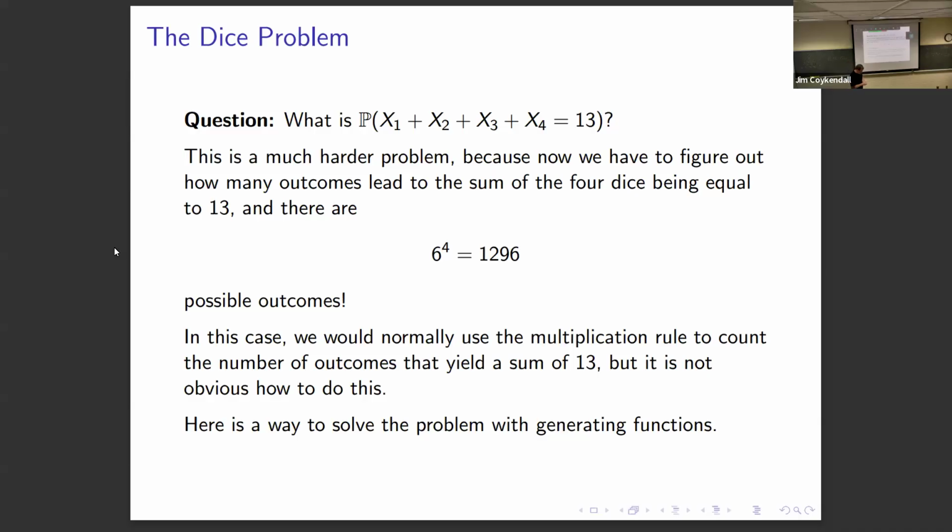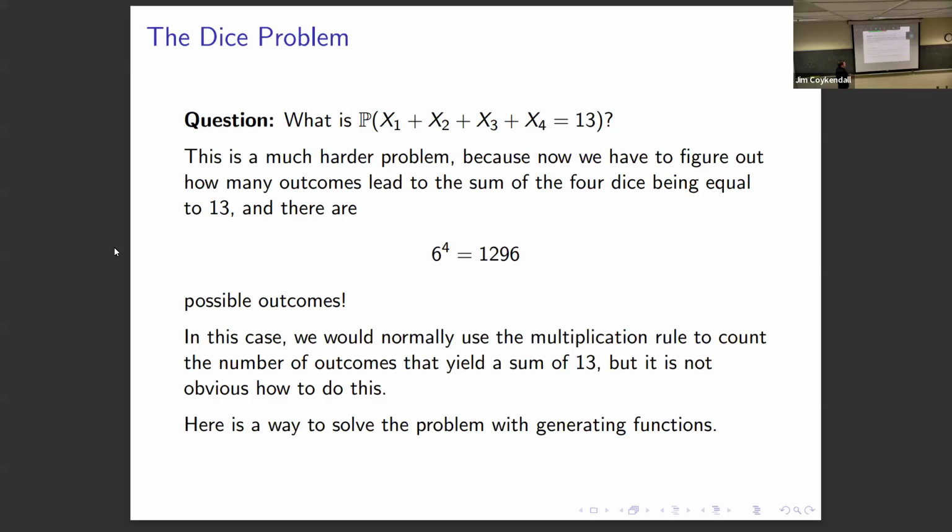Well, that's a tougher problem, because if you try to use enumeration, there's going to be 6 to the 4th, or 1,296 possible outcomes. You'd have to look at every one of those outcomes and decide whether or not you get a sum of 13. And I'm not a combinatorics person. There might be really tricky ways of doing this, but I don't know of a counting argument you can use to solve this in an elegant way.